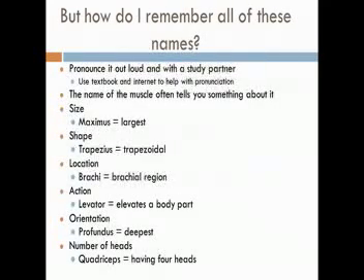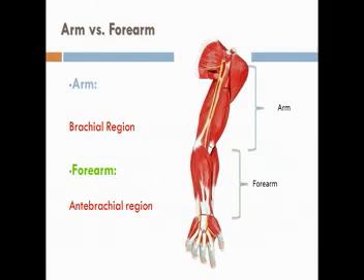In action, levator probably elevates that body part. Orientation, so there's superficialis, profundus. Superficialis is more superficial, where profundus would be the deepest muscle. And the number of heads. So, for example, quadriceps has 4 heads, biceps has 2 heads, triceps 3.